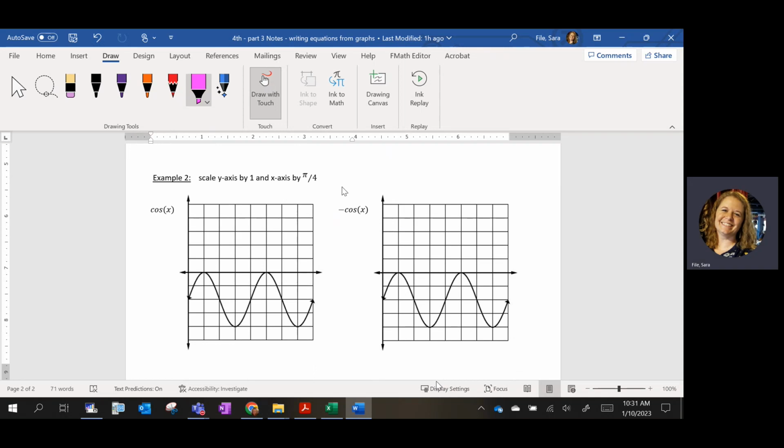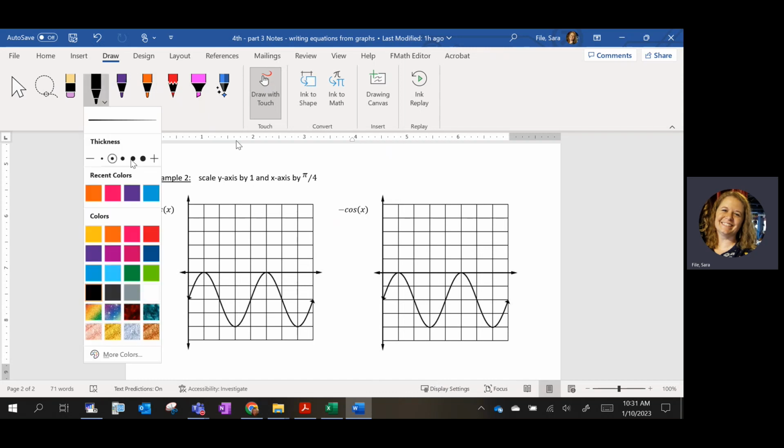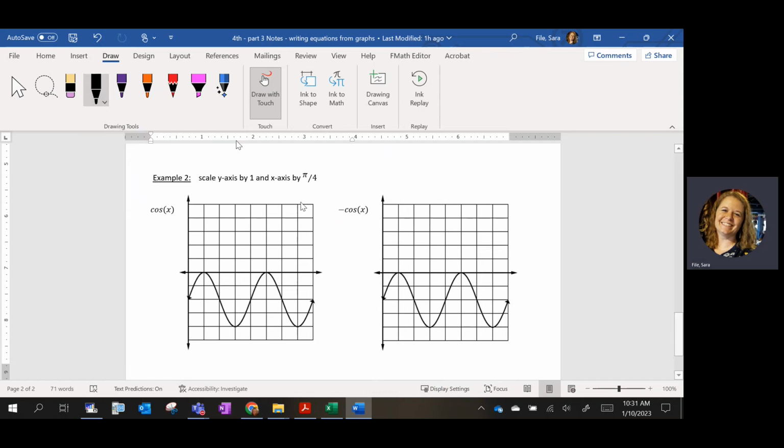Same thing. This time it's in radians. It says the x-axis is scaled by pi/4. The y-axis is still scaled by 1. So let's go ahead and figure out the maximum and minimum and draw our midline. So how high is the maximum for this graph? Okay, how low is the minimum?